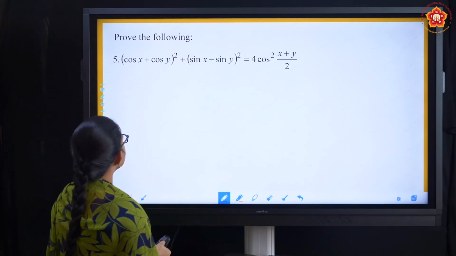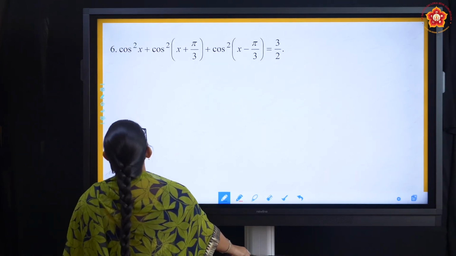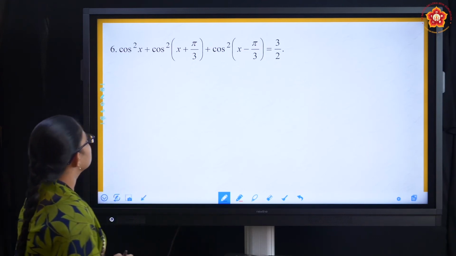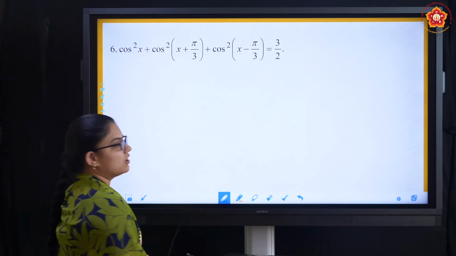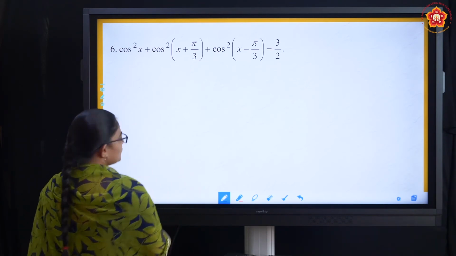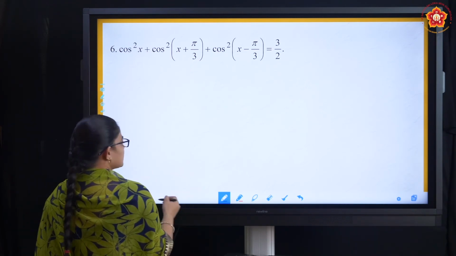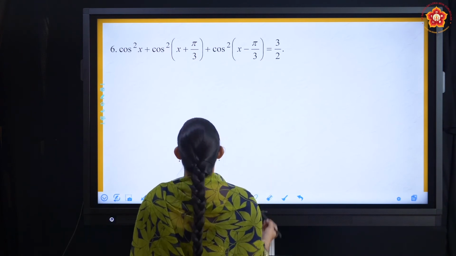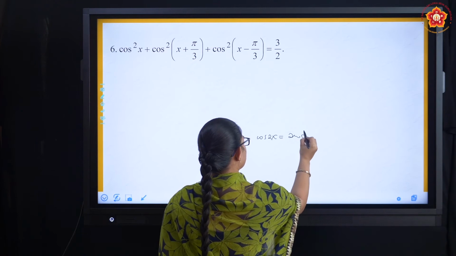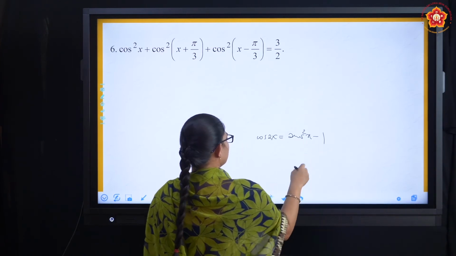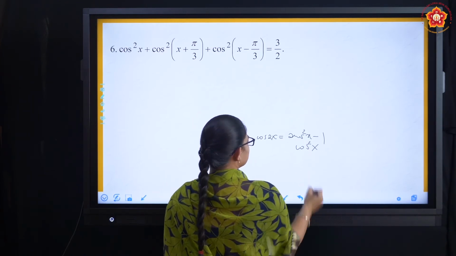Now let us see the next problem. Cos square x plus pi by 3 plus cos square x minus pi by 3 is equal to 3 by 2. Now cos square x, we can use the cos 2x formula. What is cos square x out of that? So cos 2x we have, that is 2 cos square x minus 1, or what is cos square x using this?